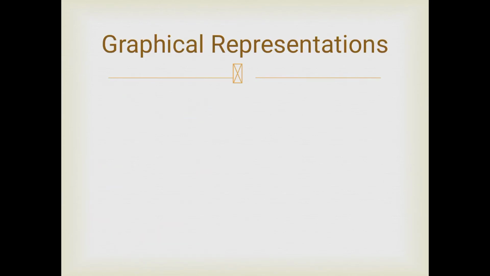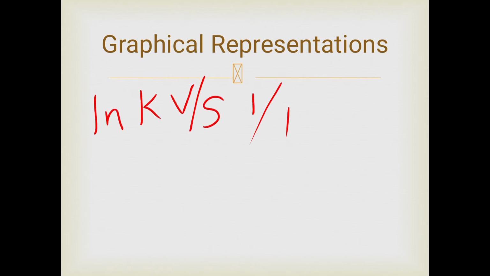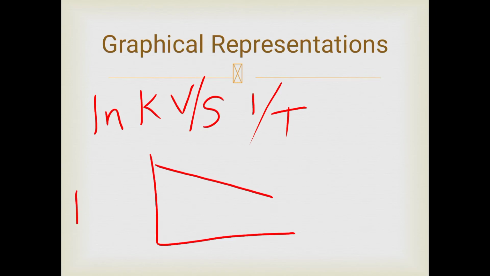Next up we have the graph of ln of K versus 1 upon T. The graph to this is given this way. On the y-axis I have my ln of K. On the x-axis I have my 1 upon T. This is my graph.